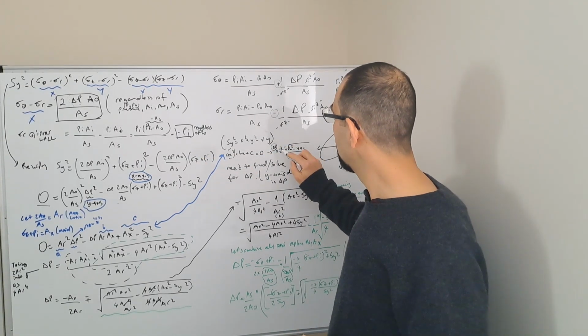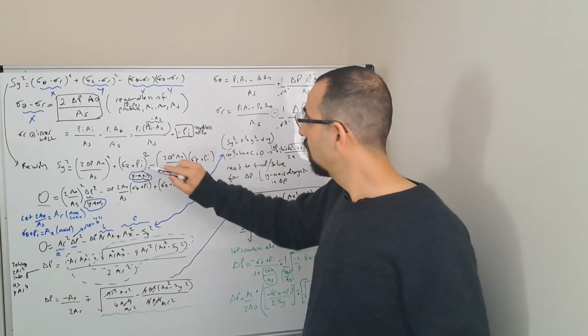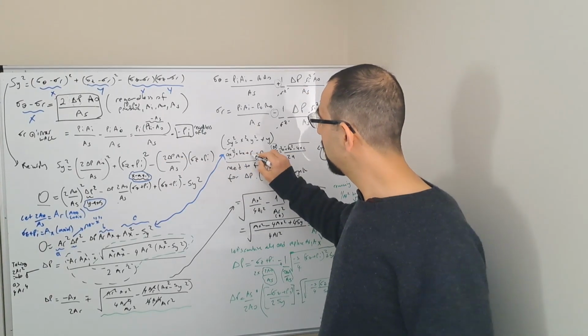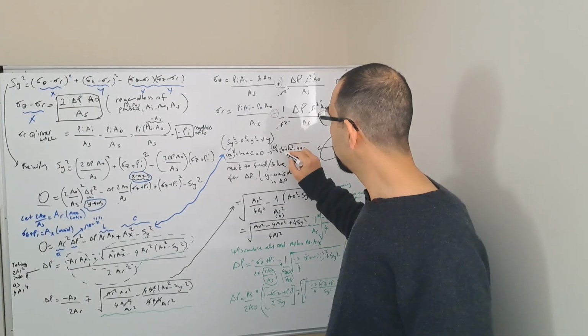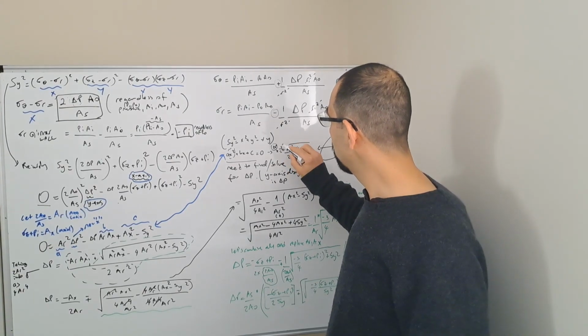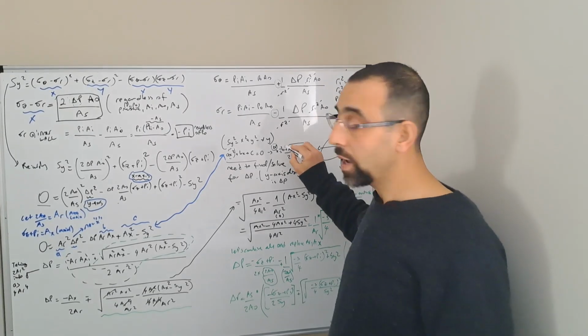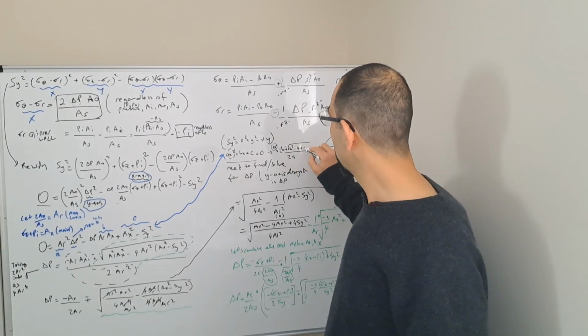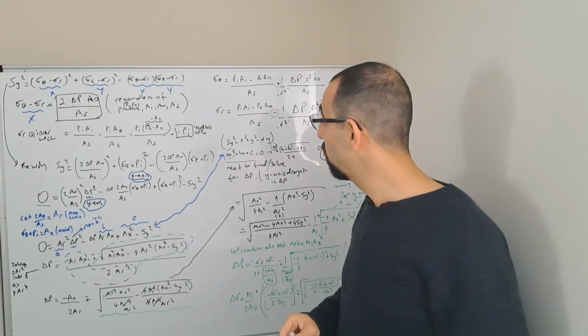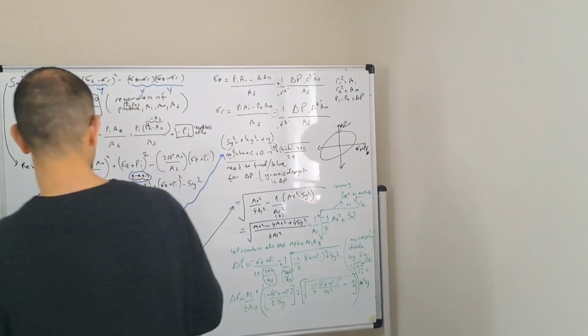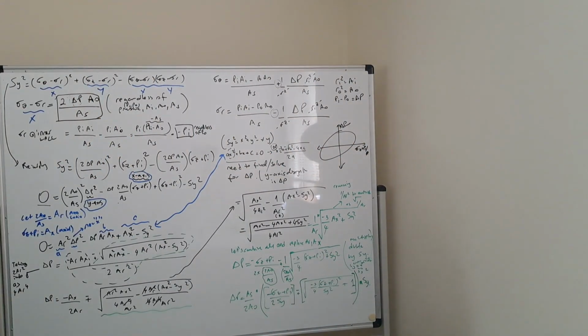If you put this into the ax squared plus bx plus c equation, delta p, as the root, is equal to minus b plus or minus the square root of b squared minus 4ac, divided by 2a. So let's expand the formula a bit more here.